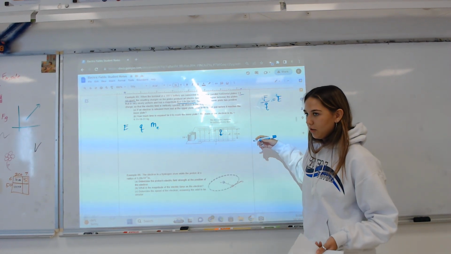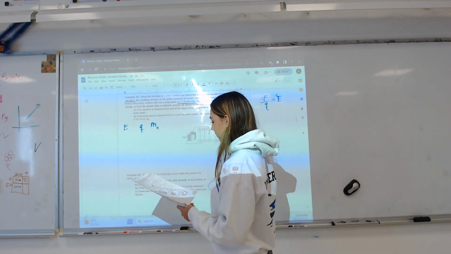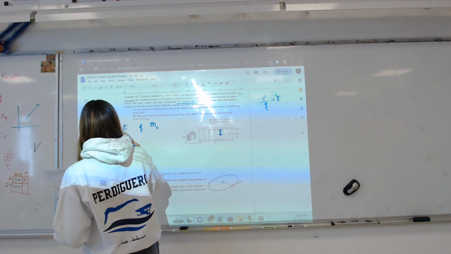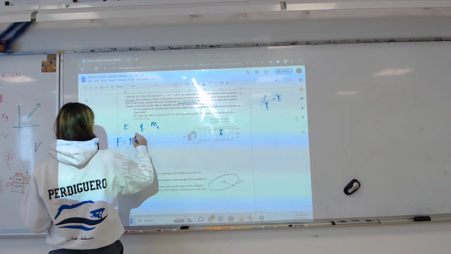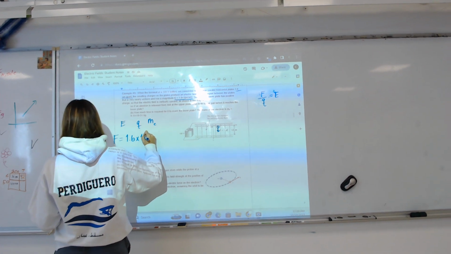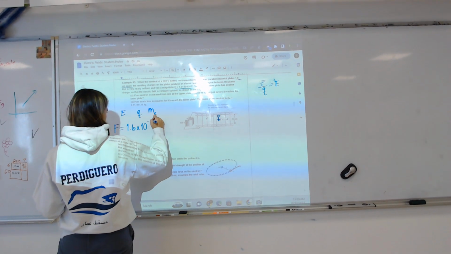So if you plug that in, you'd get the force of the electric field, which would end up being 1.6 times 10 to the negative 15.